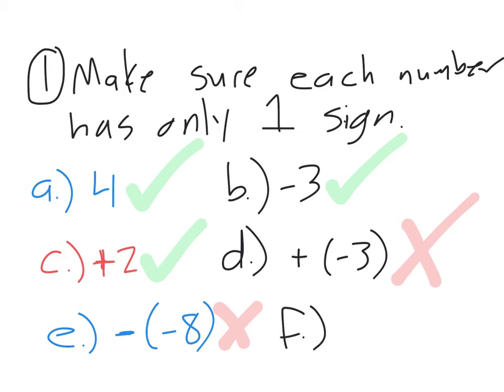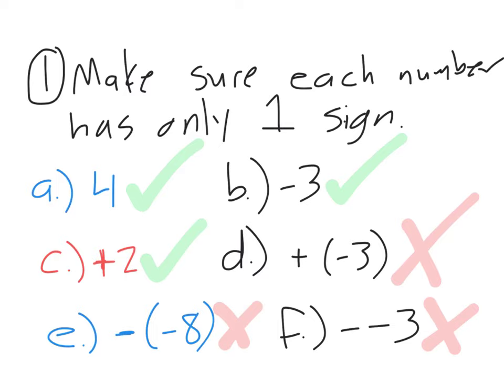And sometimes they don't put parentheses, okay? So sometimes you could see something like minus -3 like that. That doesn't work either. But just know they don't always put parentheses. What if I had 3 signs? That'd be no good either. But for the most part, you're only going to see them with 2 signs.